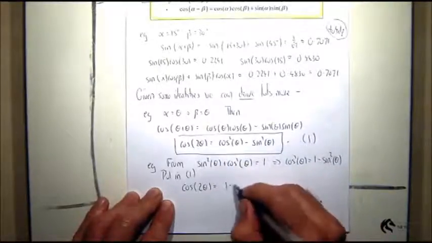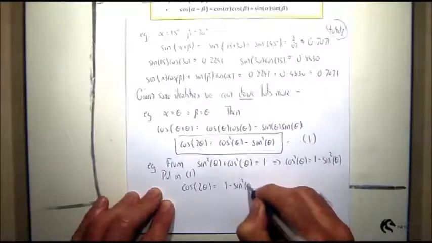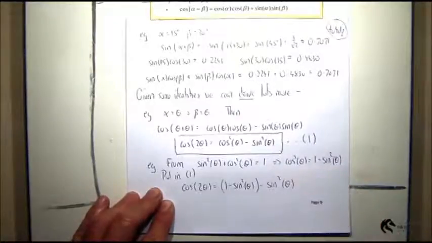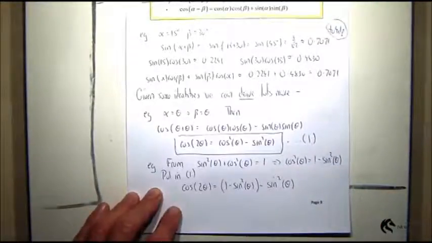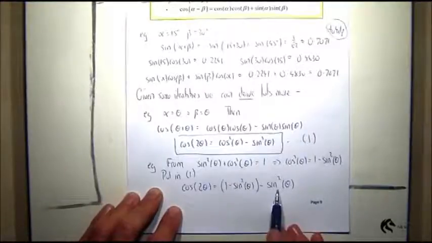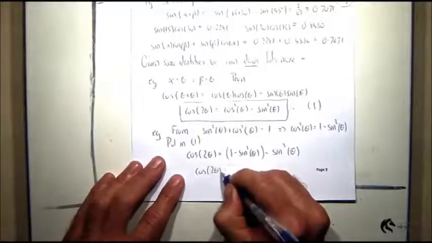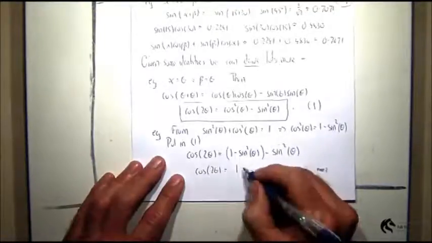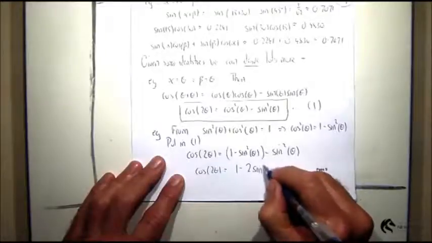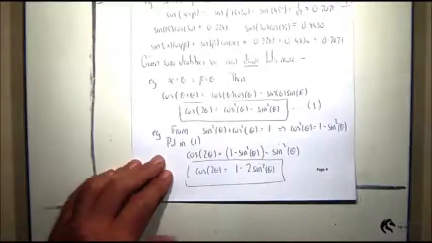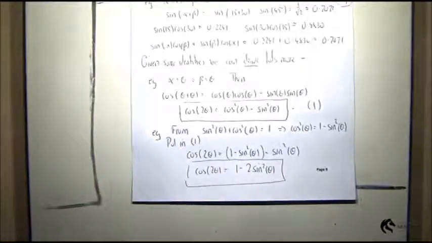So this becomes 1 minus sine squared theta minus sine squared theta, which, if I collect like terms, because these numbers are the same number, I have here cos 2 theta is equal to 1 minus sine squared theta minus sine squared theta, so that's 2 sine squared theta. And there is another trig identity. And as I say, I can keep going for ages and derive lots of these things.